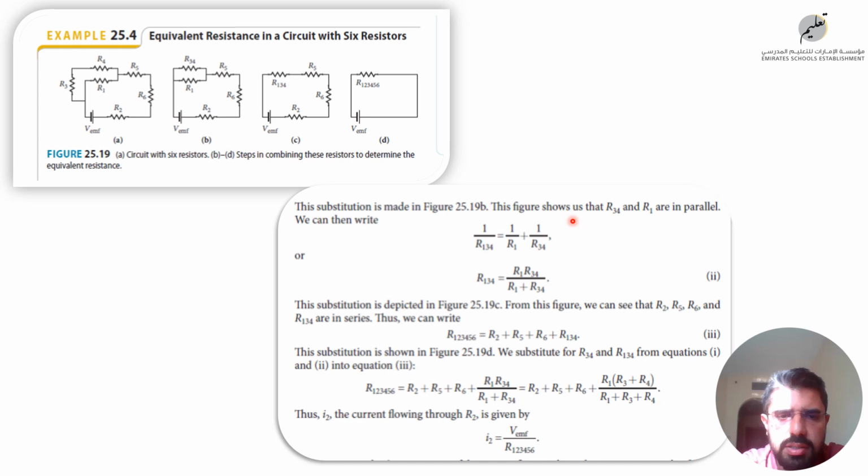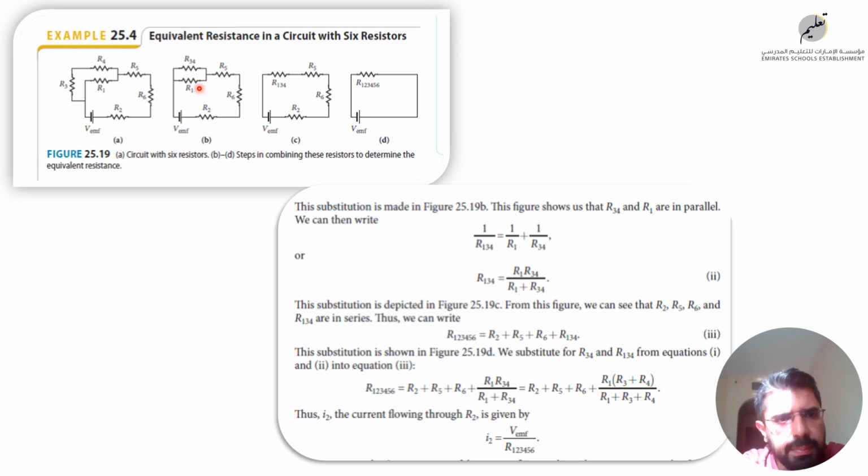So they are parallel, so we have to apply this equation: 1 over R total equals 1 over R1, the first resistance, plus 1 over R34, the other side of the resistance. Then we simplify the circuit, so we have this shape. We have R3 and R4 in series, but they are parallel to R1. So that was the first step.